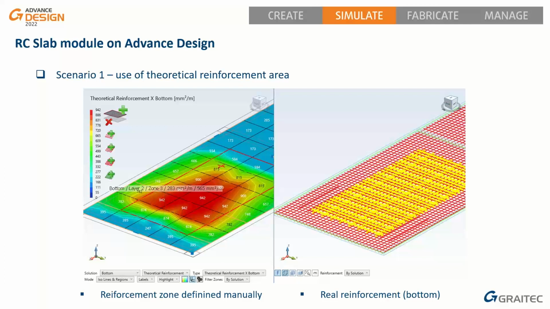We can define zones manually, separately for both directions, on the top and on the bottom, choosing diameter and spacing, and we can check the required area against the defined area. So we can check the delta value, what is missing when we add our zones. At the end, of course, we get the 3D reinforcement cage.